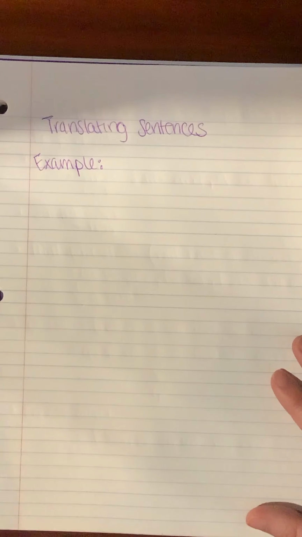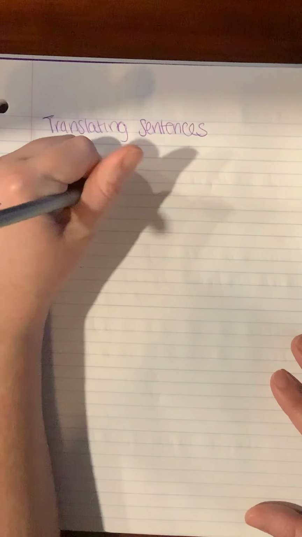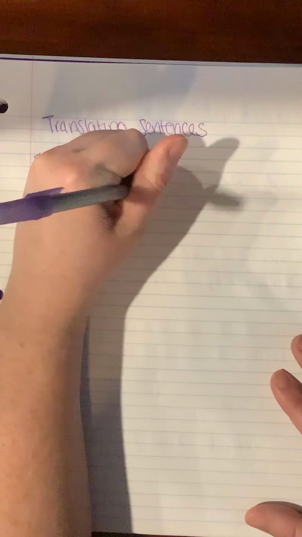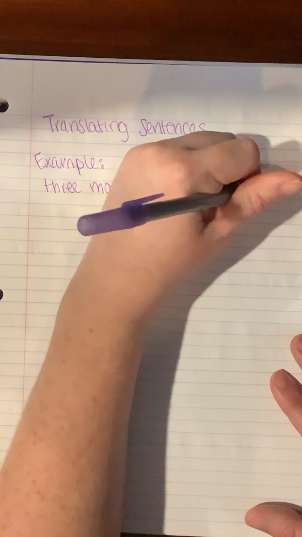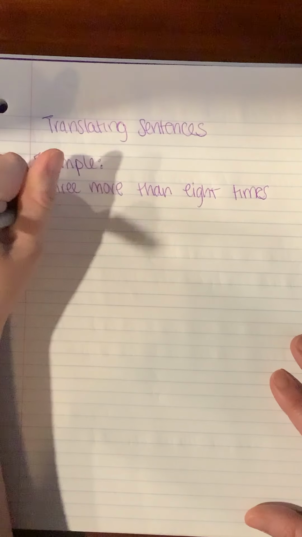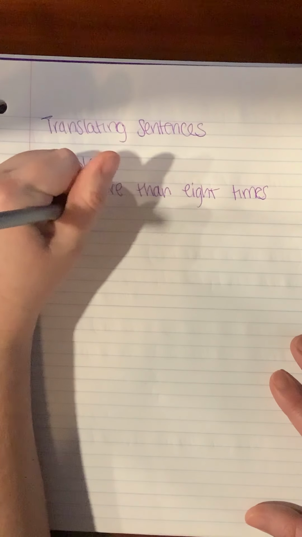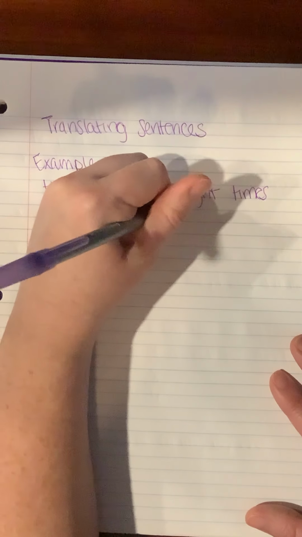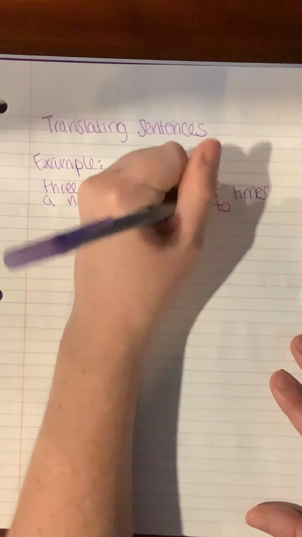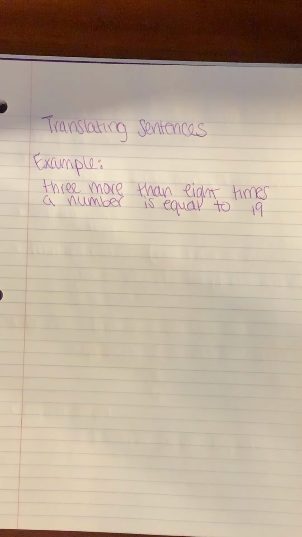You are going to see something like 3 more than 8 times a number is equal to 19. So 3 more than 8 times a number is equal to 19.